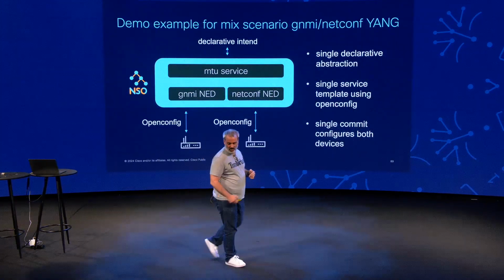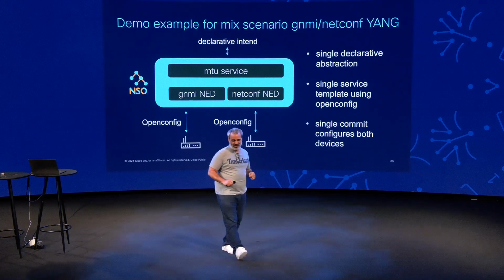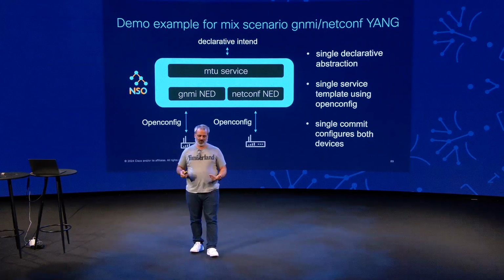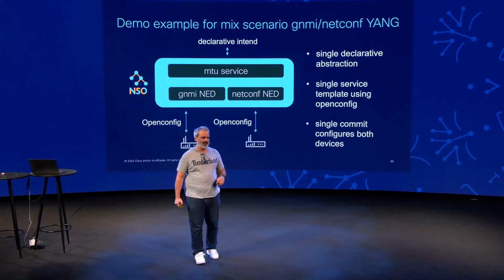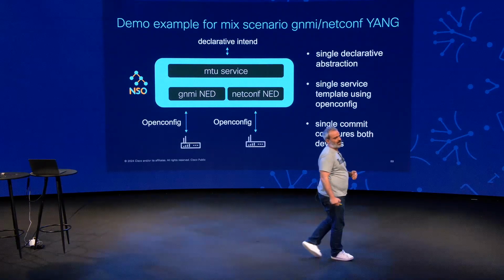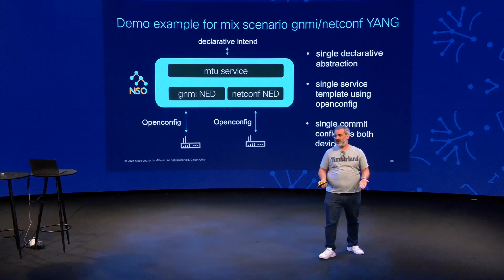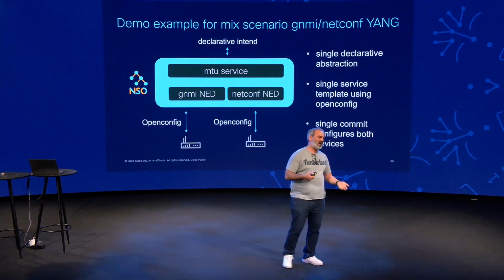Now, I have a demo that I won't have time to do on the computer, but I just wanted to show you what is interesting here: again, a single declarative intent. I have an NSO service using FastMap, with two NEDs for the same Cisco IOS XR.